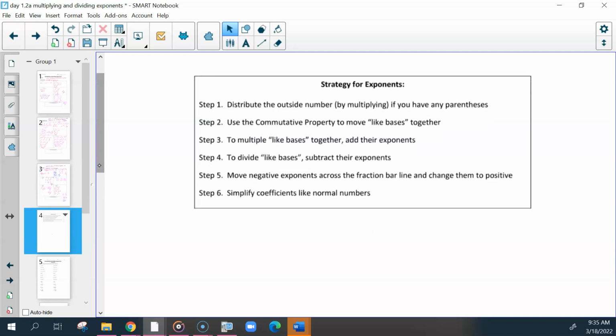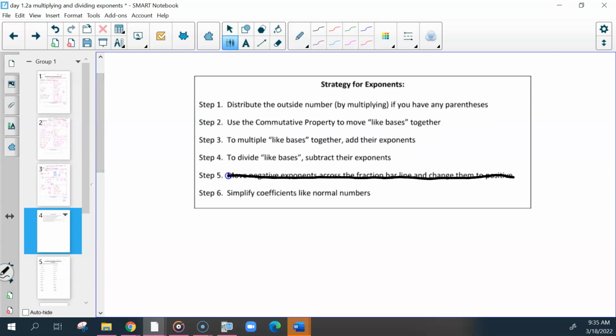Instead of what this says, you could do this, but again, be careful. I would say just do your rules and worry about the negative exponent at the end. That way you don't have to worry about flipping it back and forth. And then simplify coefficients at the end, so anything multiplying, dividing, things like that.